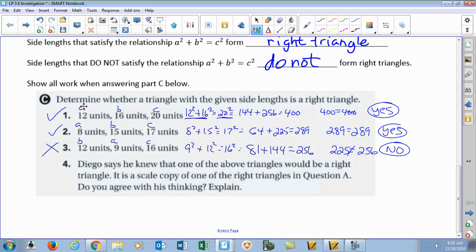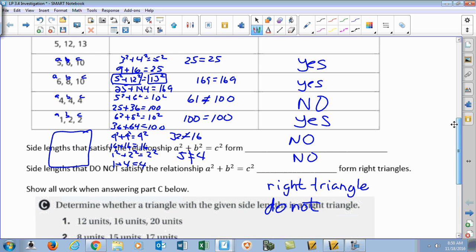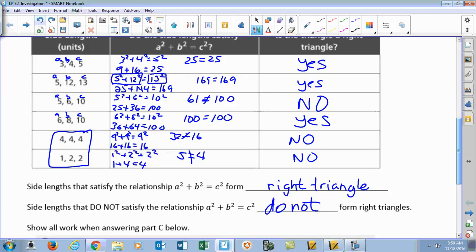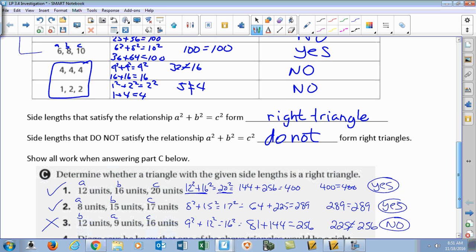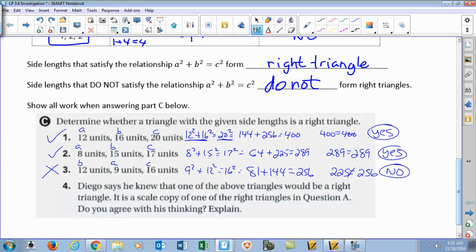So one of those triangles in this table, right here, up above. He's saying it was on a different scale. It is a scale copy of one of the right triangles in question A. So think of things that could be equivalent. Anyone see it?